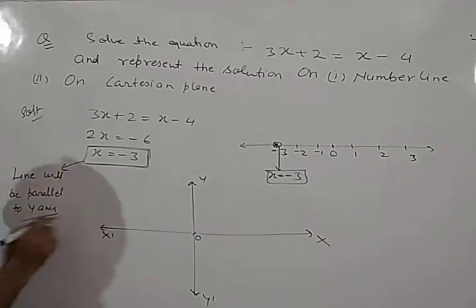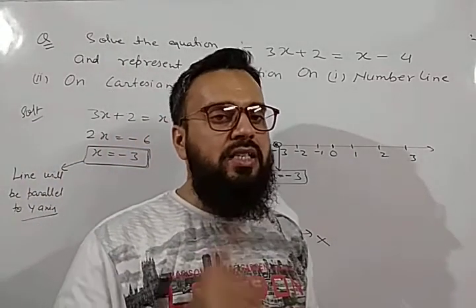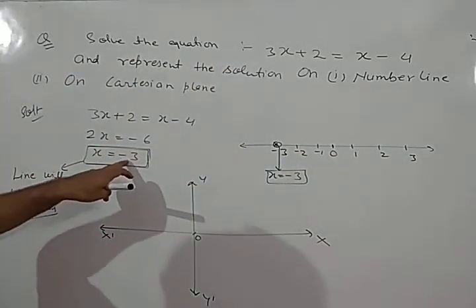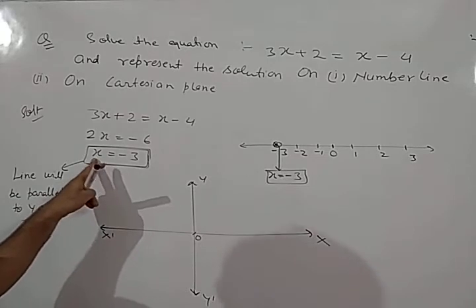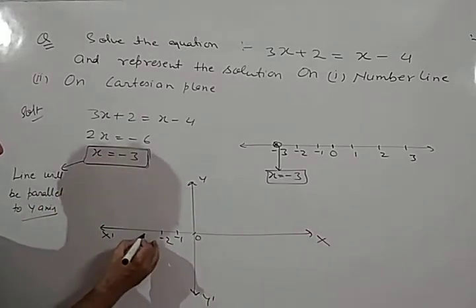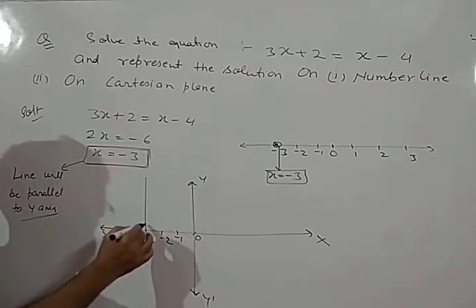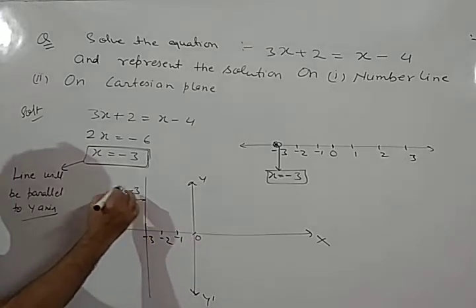The line of this equation will pass through the point -3, so it will be -1, -2 and -3, and it will be parallel to y-axis. So this is the graph of the equation x = -3.